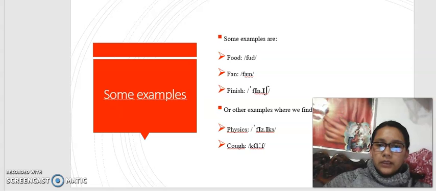Or we can find other nouns where we find gh in the last position, and this sounds like an f, like in the word cough.